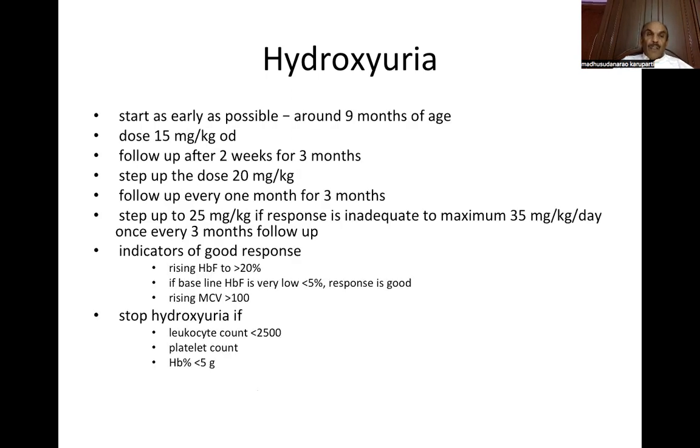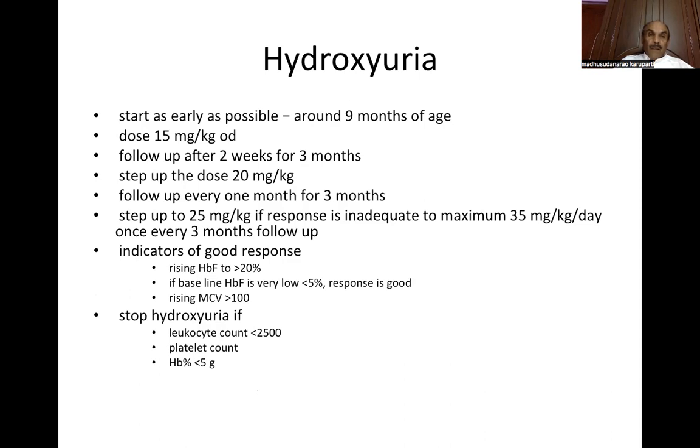What is the protocol? Start as early as possible, around 9 months of age, at a dose of 15 milligrams per kg per day in OD dose. The follow-up should be done at 2 week intervals, okay, for about 3 months. Step up the dose to 20 milligrams per kg.